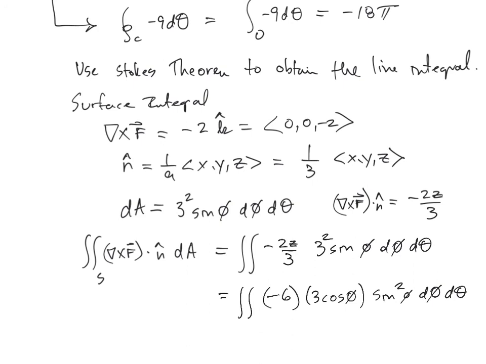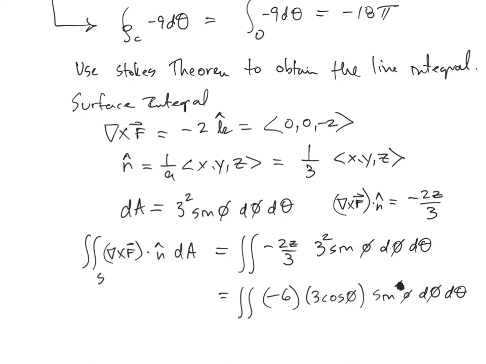Oh my goodness, I made another mistake, no, not squared. This isn't squared. It's this sine phi here. Sorry. Okay, do I have it straight now? Do you see any other mistakes? I think I'm good. Okay, so I replace z with its equivalent in spherical coordinates. So I get minus 18 cos phi sine phi d theta.